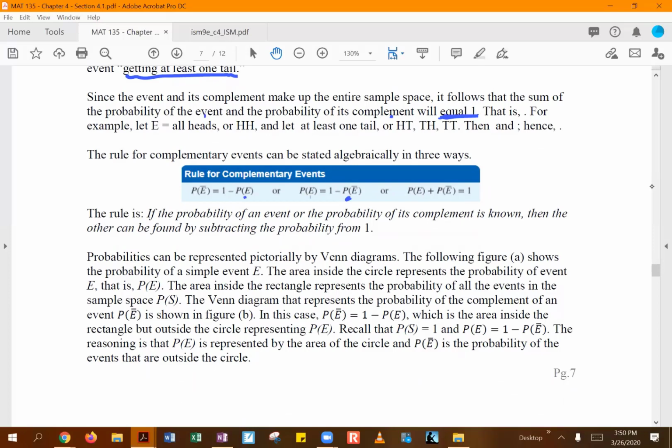Remember, adding up the probability of the event with the probability of the complementary event is going to add up to 1. And then you can see here the rule they're talking about. If the probability of an event or the probability of its complement is known, then you can find the other by subtracting the probability from 1. So right here. Okay.